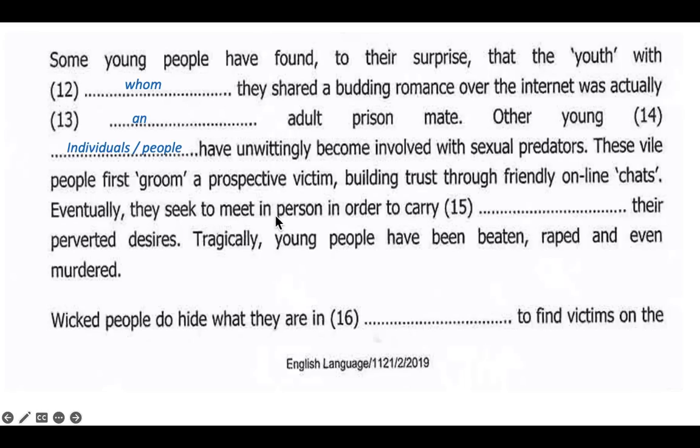So now look at this: they seek to meet in person in order to carry. We have to know the word in order to carry. What do we carry? We carry on, we carry out. So here we can apply two words: to carry on or carry out. To carry out can apply.